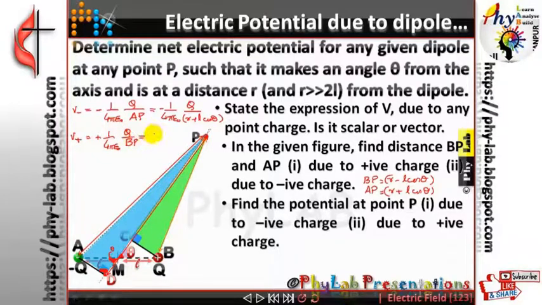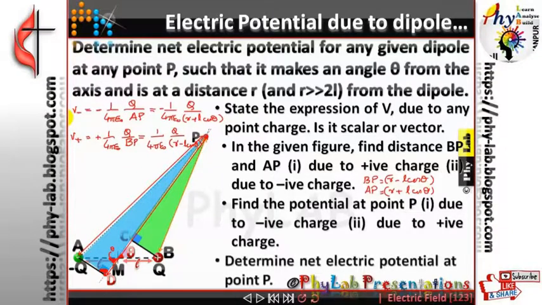We have just now calculated. That came out to be R minus L cos theta. So the result due to the positive charge becomes 1 upon 4 pi epsilon naught Q upon R minus L cos theta. So friends, we have got the potential due to the negative charge and also the potential due to the positive charge. Let's move on to the next problem. The next problem says we need to determine the net electric potential at point P.